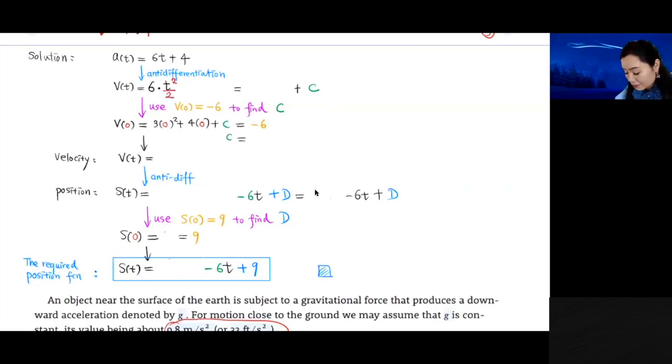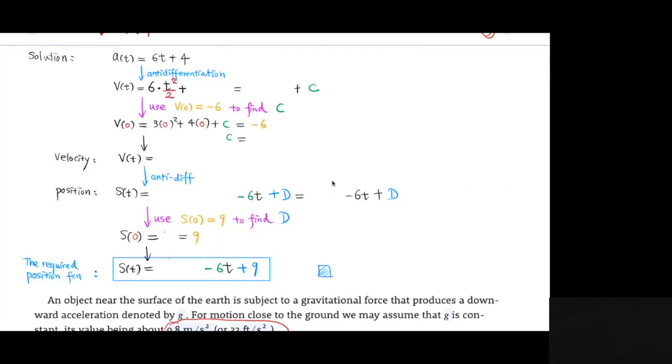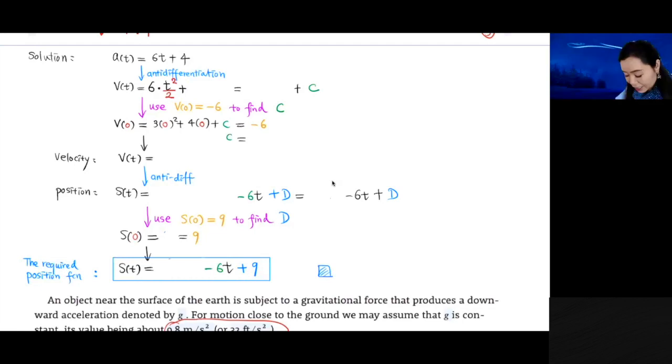And then plus, what's the antiderivative of 4? 4t. Yeah, you got it. Don't forget to add the constant, so adding c. And then you simplify this, so this will be 3t squared plus 4t plus c.